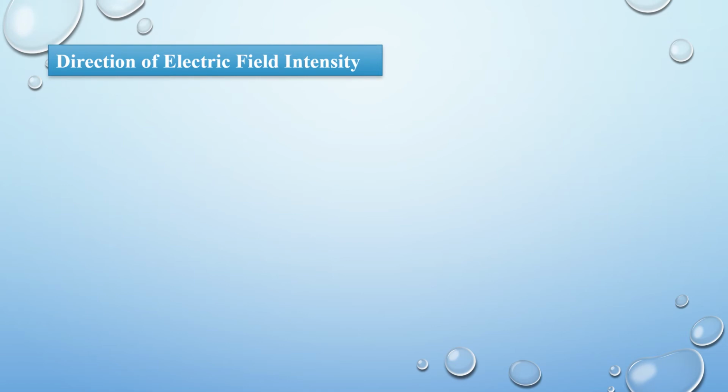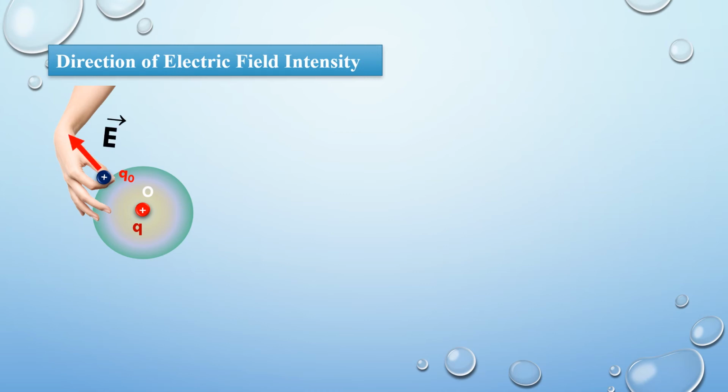To find out the direction of electric field intensity, I am considering a source charge which is placed at point O. And if a test charge is now placed in the region or the space around the source charge, we know this source charge produces a force on the test charge, where this force is usually in the outward direction, or you can say there is a repulsive force between these two.